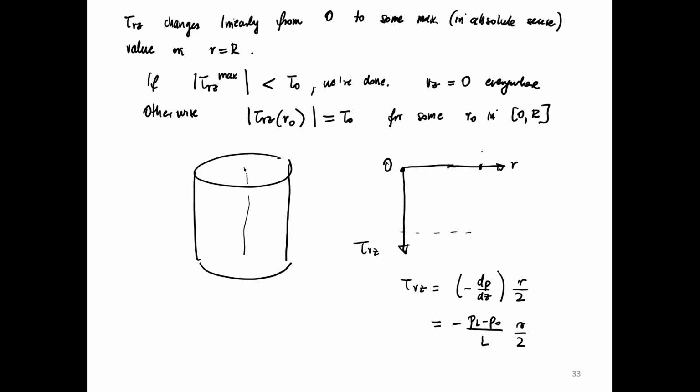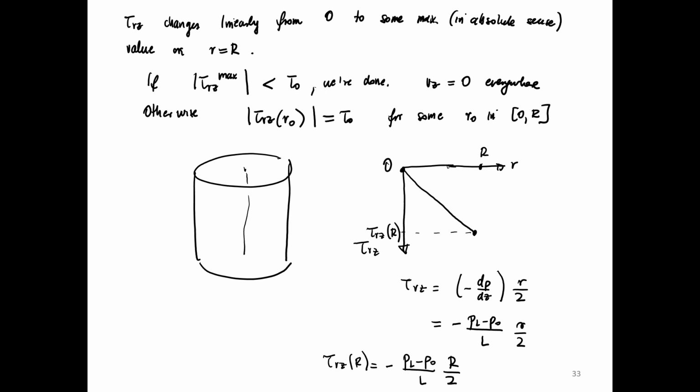This is my R. This is my plot of tau RZ versus R. I'm just pointing everything downwards. And this is my tau RZ of R, which, by the way, is minus PL minus P0 over L times R over 2.